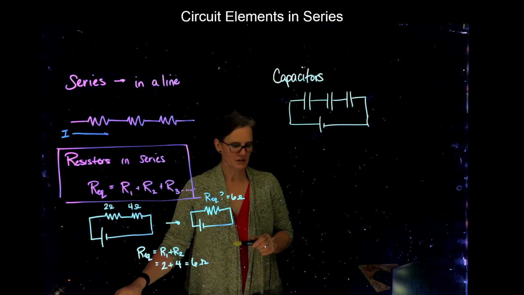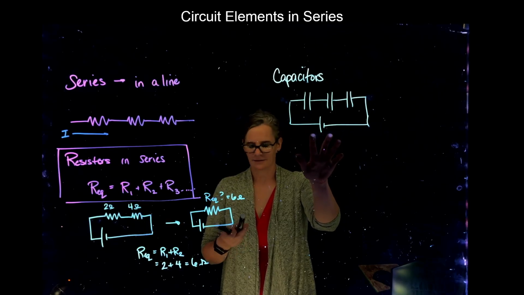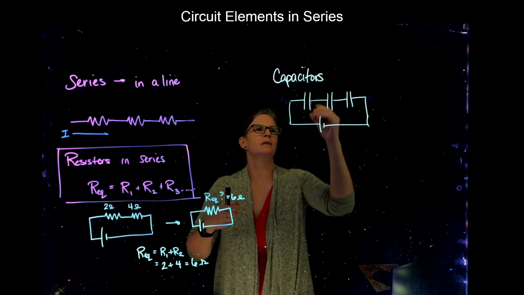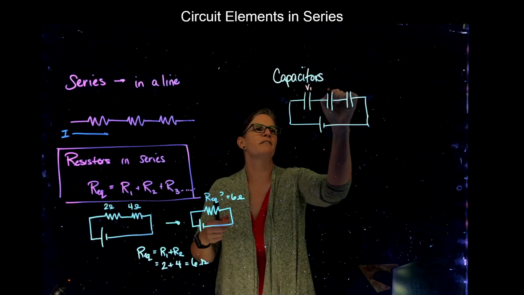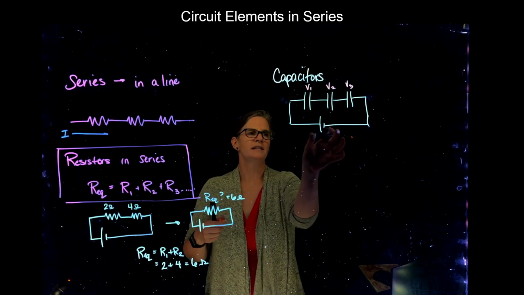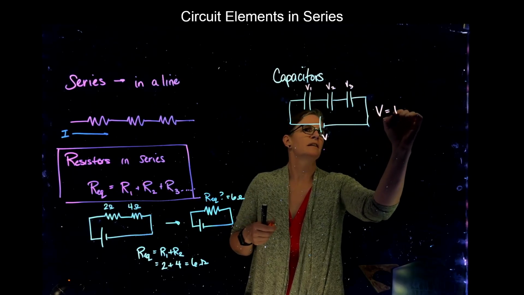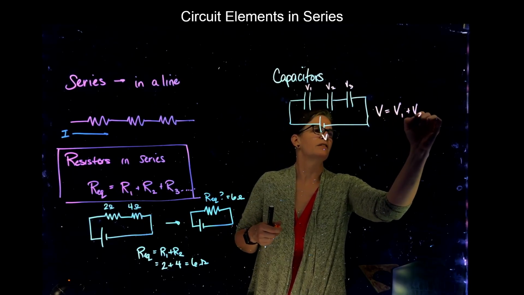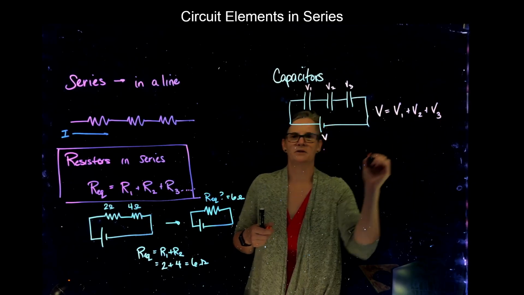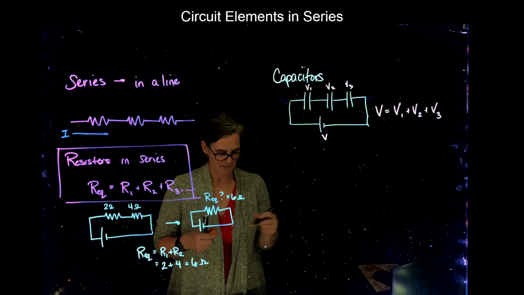If I talk about these as each having a potential, then V is the sum of the potentials for each of those capacitors.